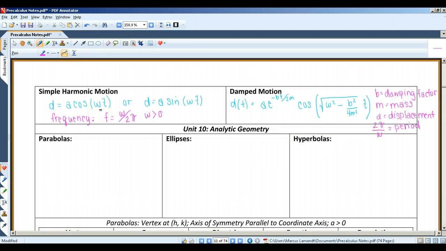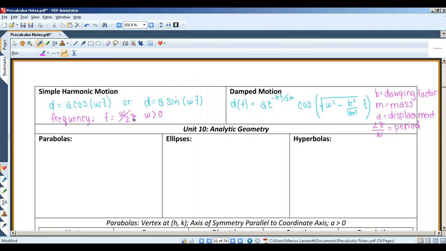An object that moves on a coordinate axis so that the distance d from its rest position at time t is given by one of these equations, where a and w, both bigger than 0, are constants, moves with simple harmonic motion. The motion has an amplitude of a and a period 2 pi over w, just like the equations we learned before. Okay?